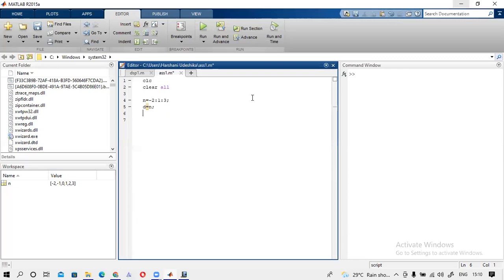Let's take stem n plus d. If I plot this, I think we can get the impulse.